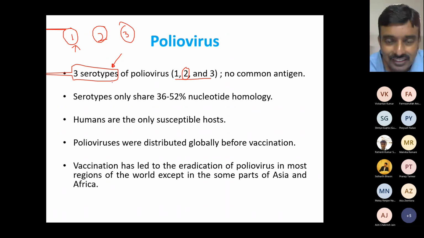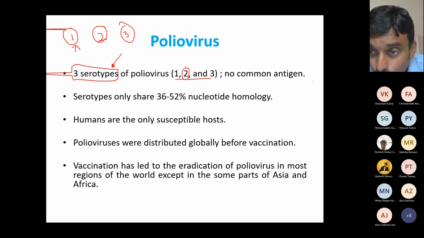That may vary from virus to virus, but the most important thing is the proteins of these serotypes, the expressed virus proteins, are so different that they elicit a very different kind of antibody response from the host.